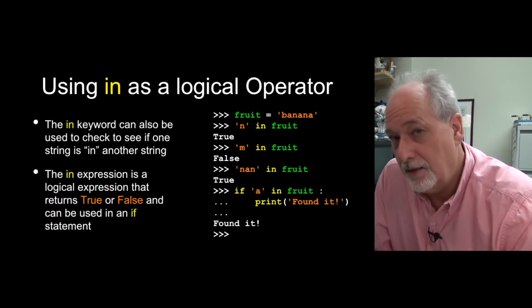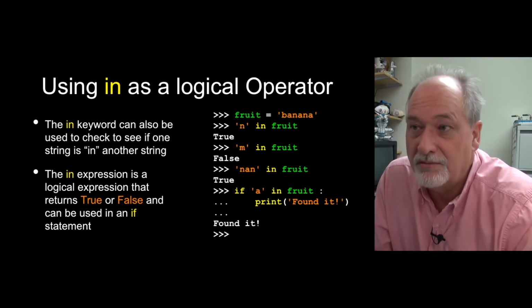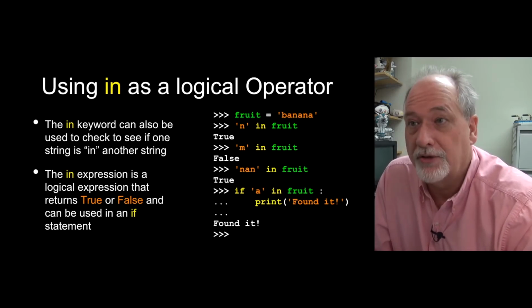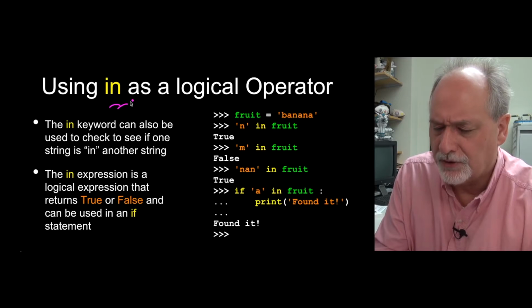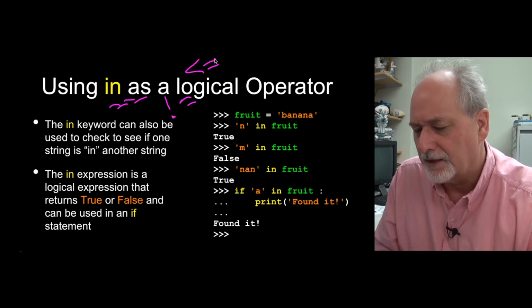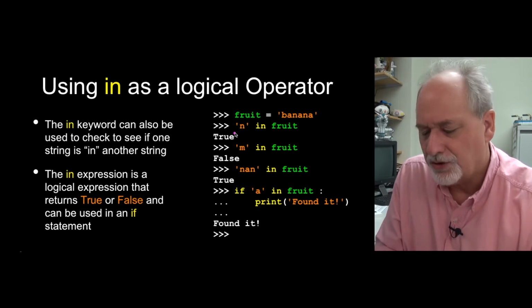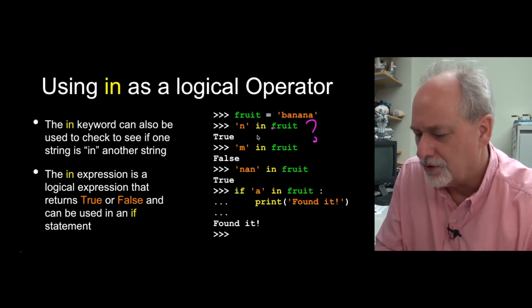We can use in differently as a logical operator. We're using it as an iteration structure in for loops, but we can also use it as a logical operator in if statements. So it's kind of like the double equals or not equals or less than or equals. It's like those guys, and it returns a true or a false. Is n in fruit? That's a question, and the answer is true. Is m in fruit? No. Is nan in fruit?